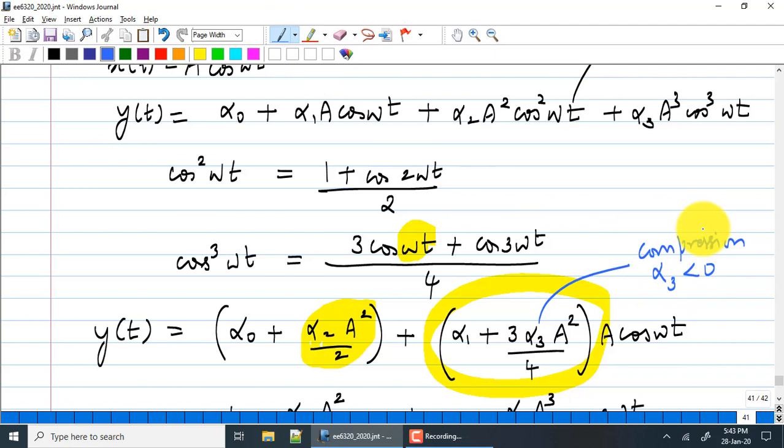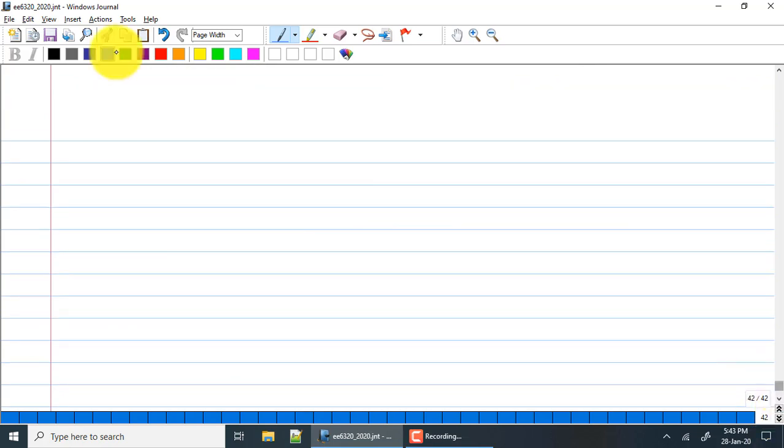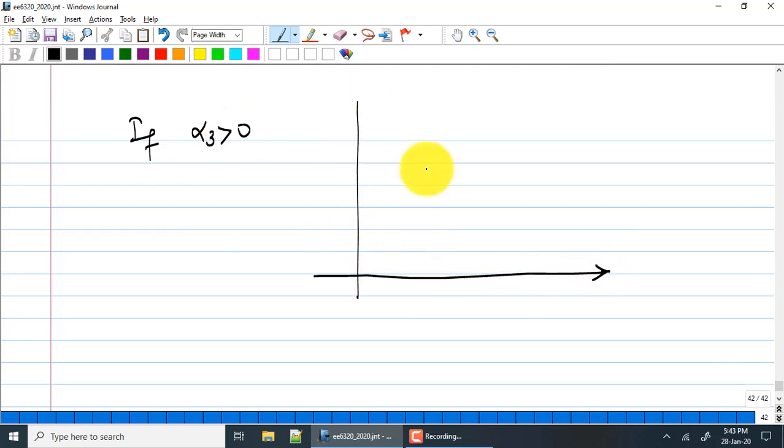Let me also tell you at this time, it is possible to build amplifiers with alpha 3 being positive. What will happen then? If I plot P out versus P in, this is my ideal curve.